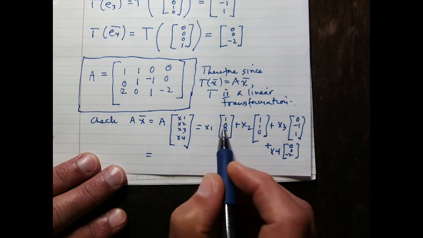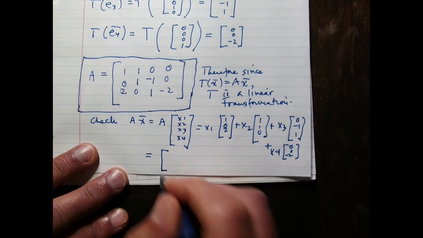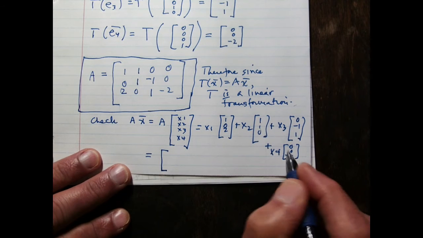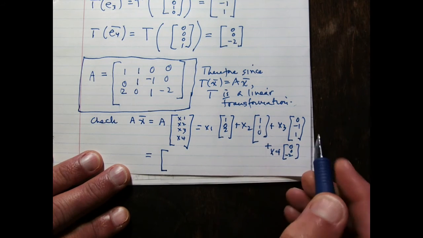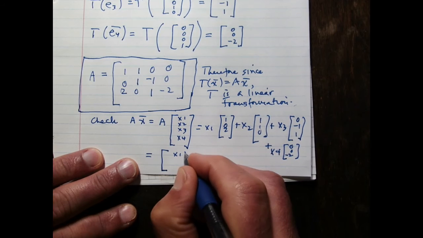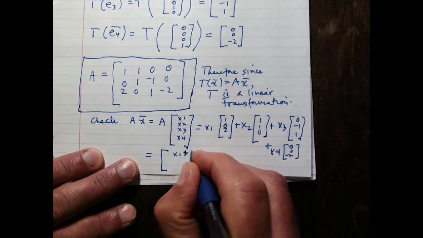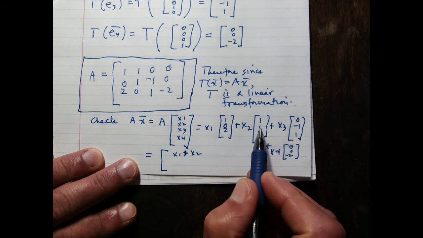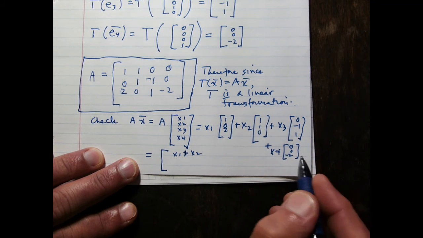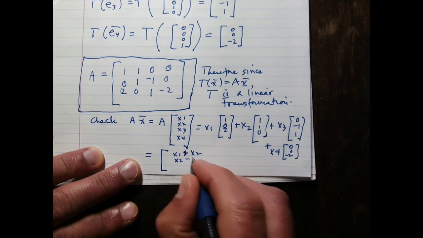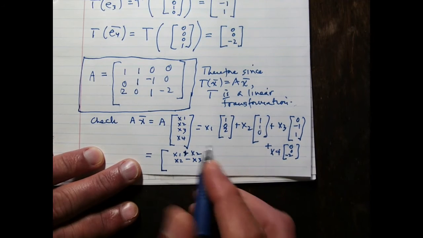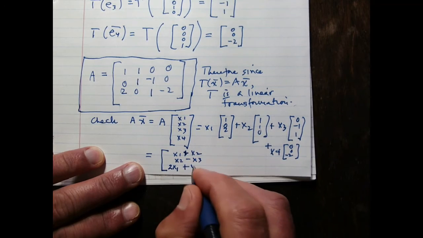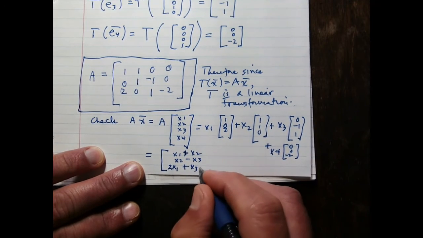And what is that actually going to give me? That's going to give me a vector in R3, when I add all this up: x1 plus x2. And then my second entry, I get 0 plus x2 minus x3 plus 0, x2 minus x3. And then I get 2x1 plus 0 plus x3 minus 2x4.